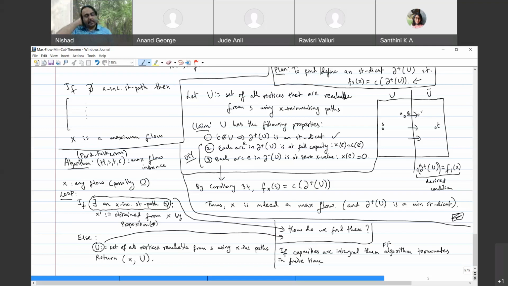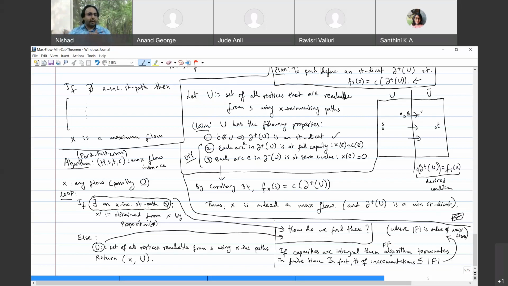In fact, the number of incrementations will be upper bounded by the maximum flow value, whatever it is, right? So if the maximum flow is 100, then you will have at most 100 incrementations, where f is the value of max flow. Okay, so this is for integral capacities.